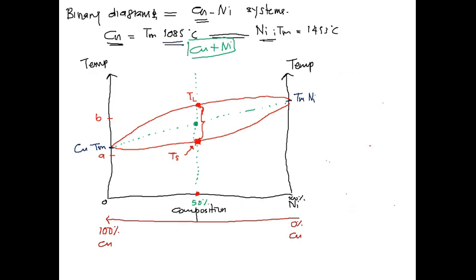So from there, okay, you know that this point is the starting to melt point. Okay, so at this point your alloys will start to melt. Okay, while at this point, okay, the TL point, your alloys is having 100% of liquid ataupun will be totally melt.